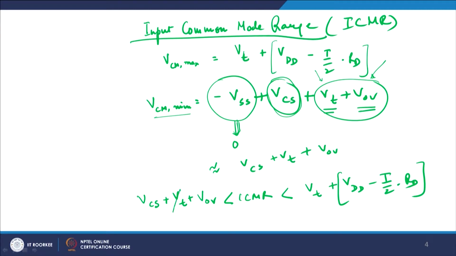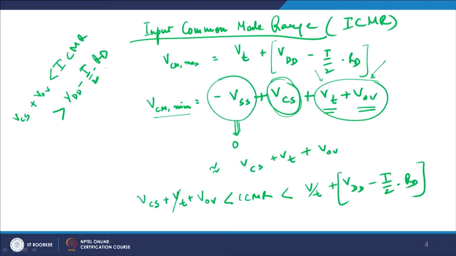If we delete Vt from both sides because it does not play a role as such, I can safely write that ICMR, VCS plus V overdrive, should be greater than VDD minus I by 2 times RD.